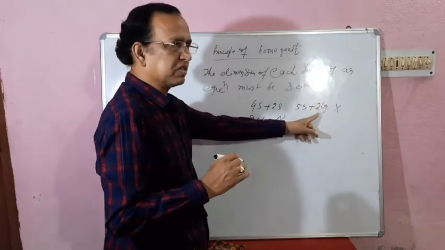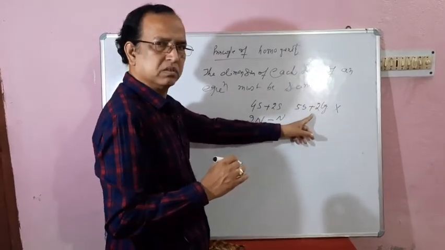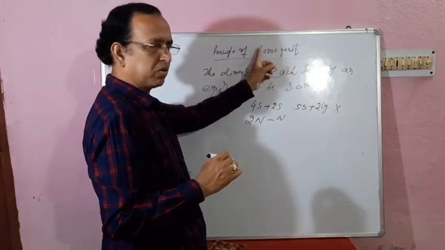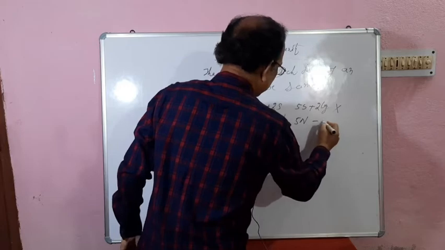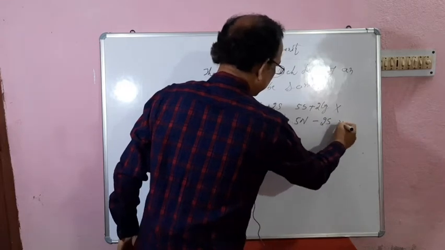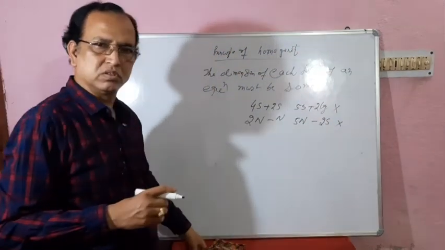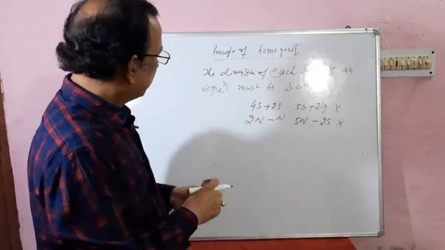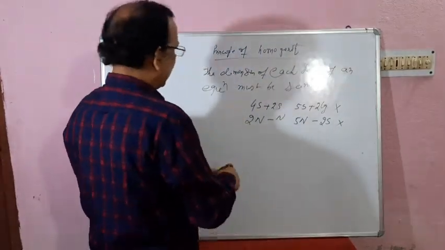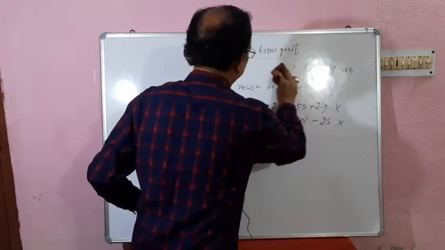Different dimensions are not added together by this principle. So 5 Newton minus 2 second is wrong. Clear?